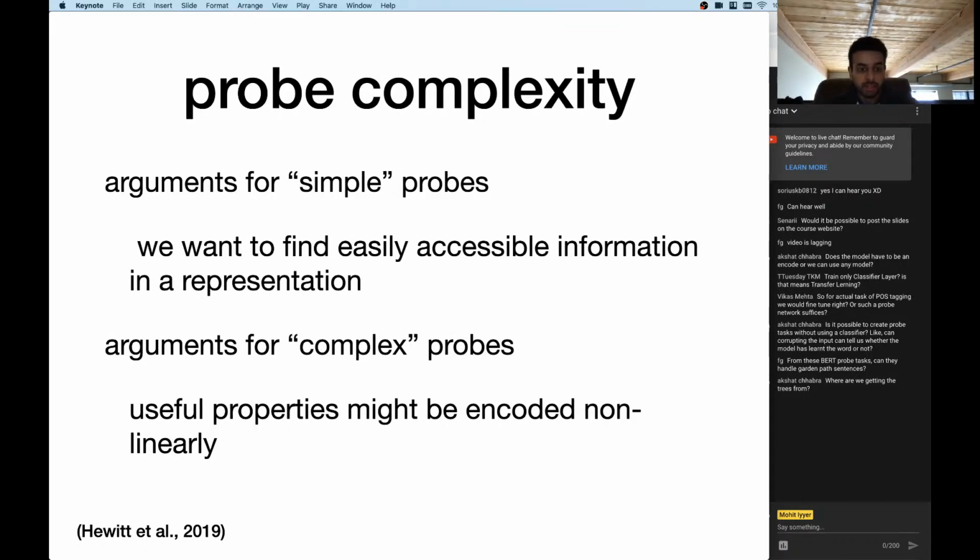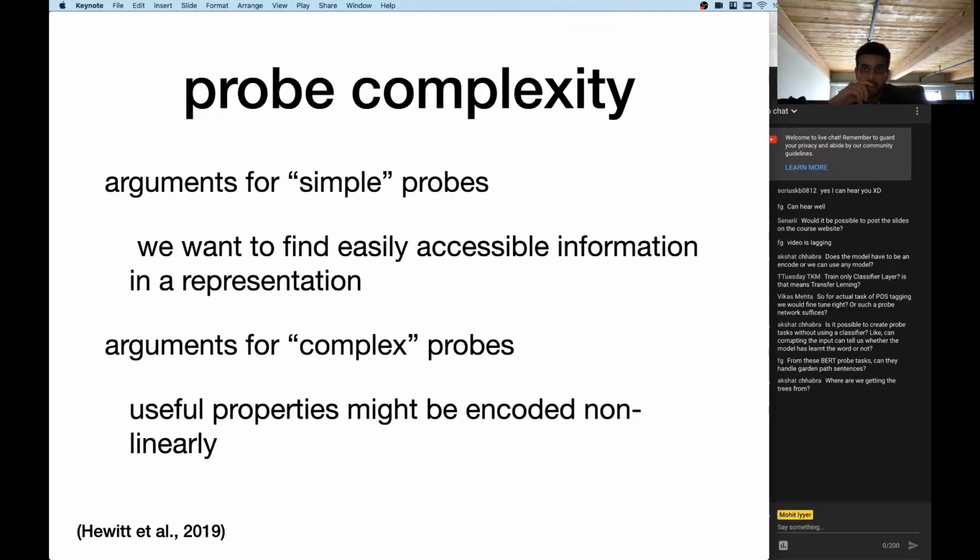Okay, so the last thing I wanted to talk about is the complexity of the probe network. Stepping back from specific probe tasks, now that we've talked about a bunch, one important question is, how complicated should the probe network be? So this classifier that we're putting on top of BERT or whatever, how big should it be and how many parameters should that network have?